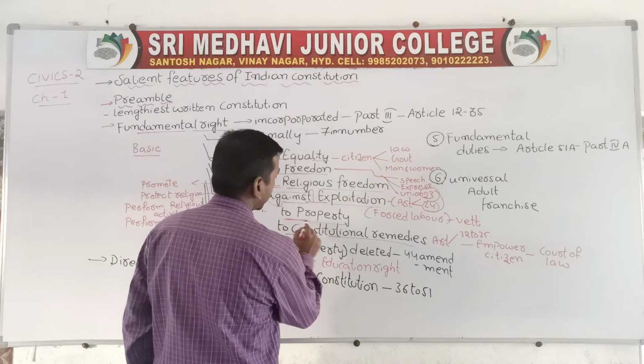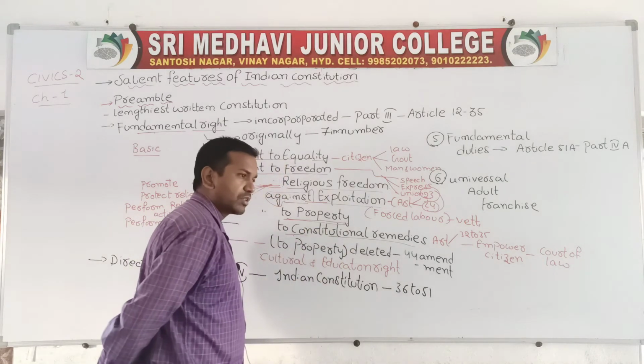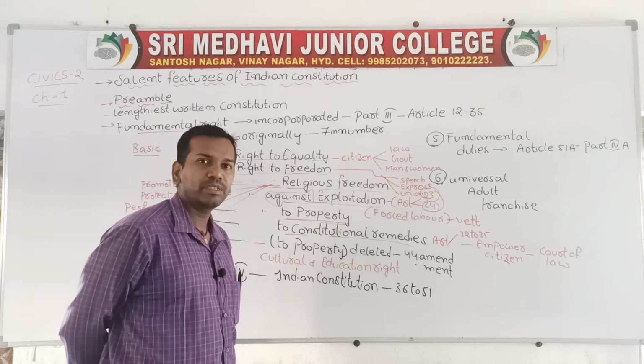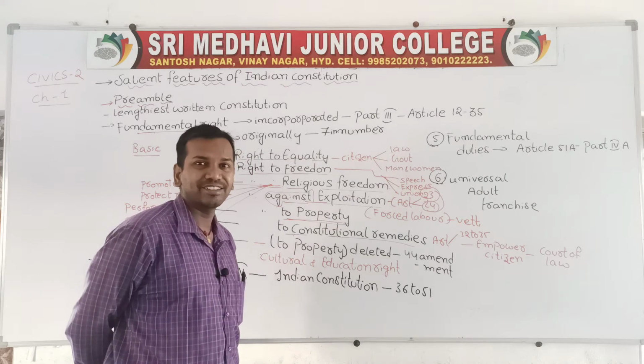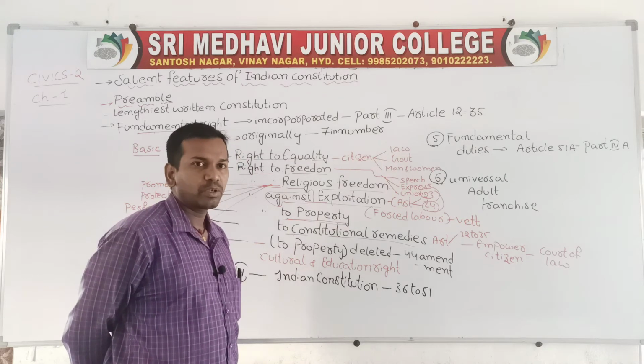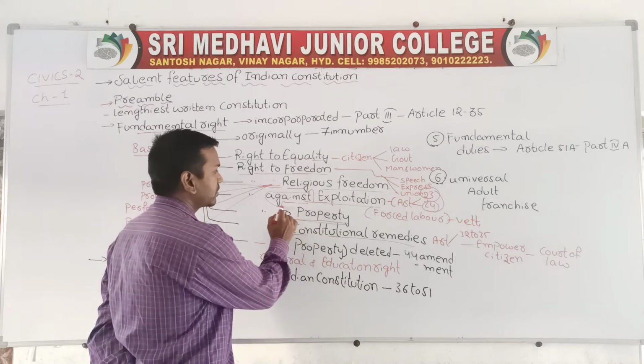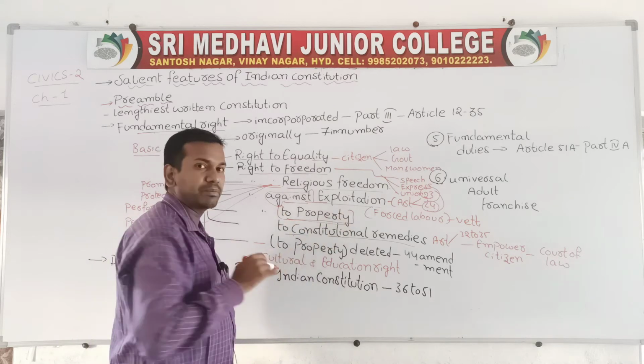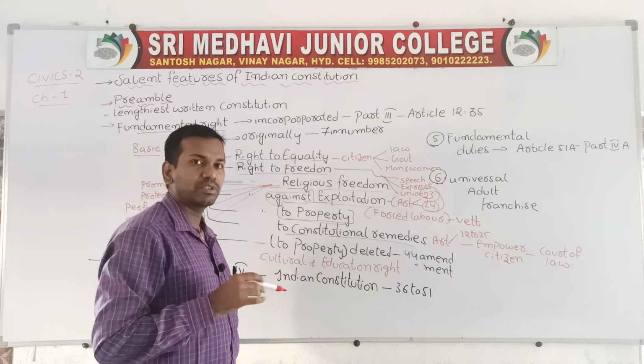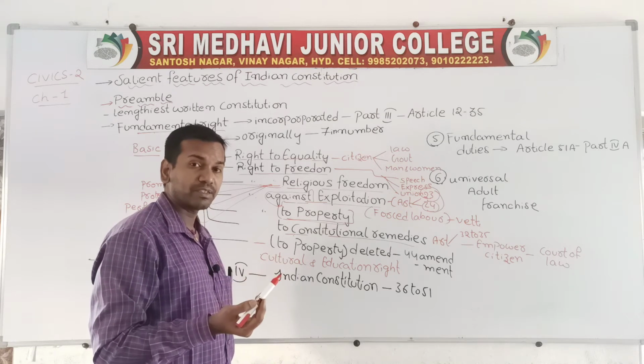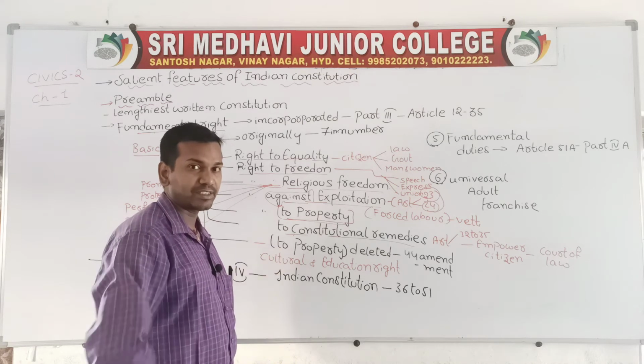Now, the right to property. Right to property was also one of the fundamental rights. But at present, right to property has been deleted from the fundamental rights and made a legal right.